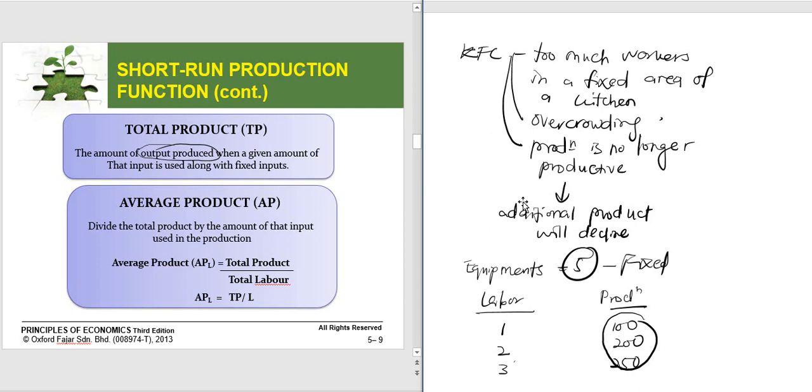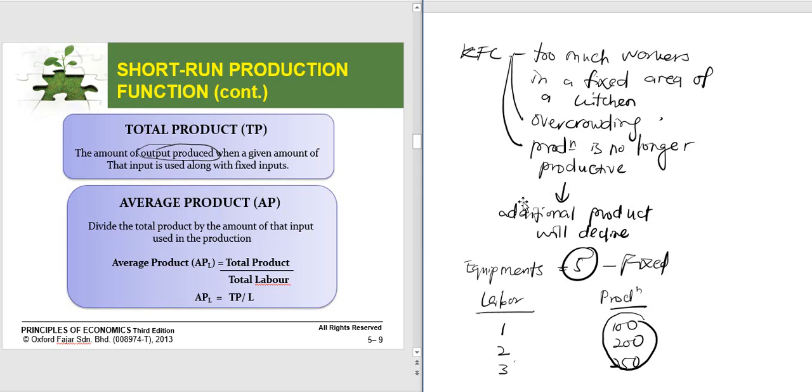You can also calculate the average product, which means how many pieces of chicken are produced. On average, one labor can produce how many pieces of chicken?